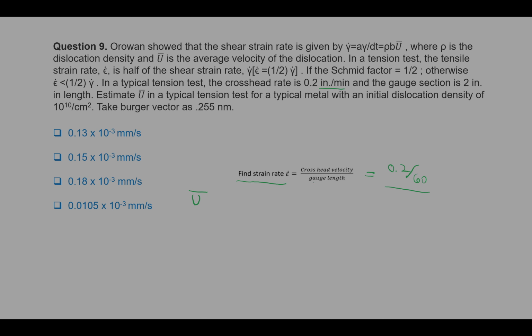And the gauge length is 2 inch, so inch per inch, and 1 by 2, per second. So strain rate will be calculated like this.